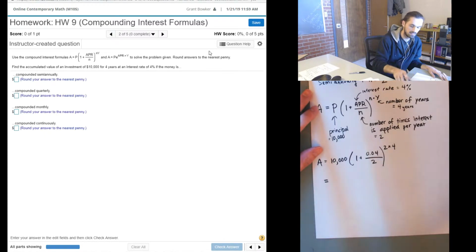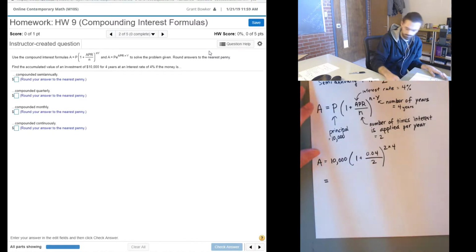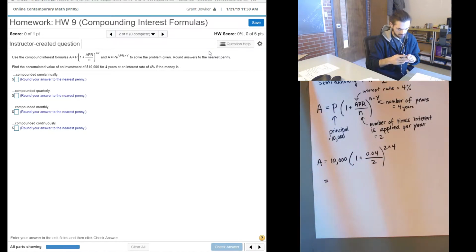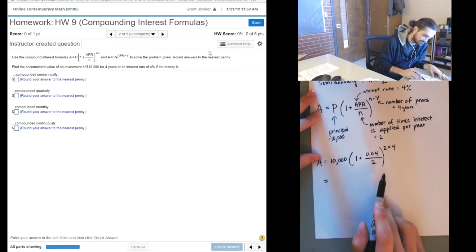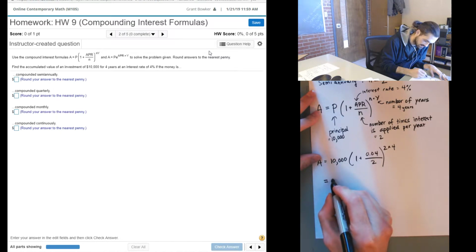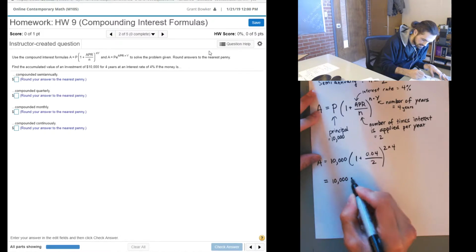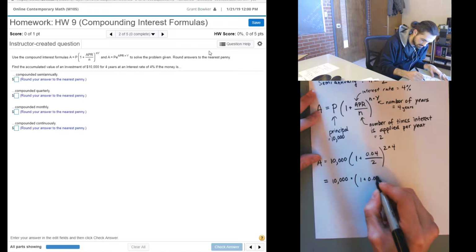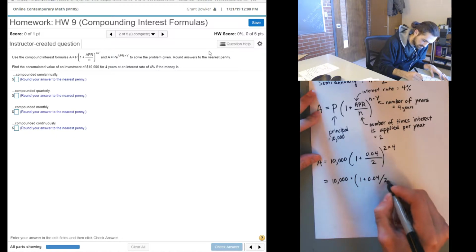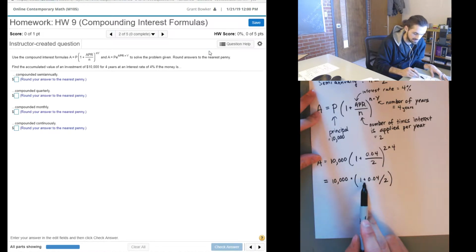Now keep in mind, if you do not have a calculator with this nice little pretty print feature, you will need to type in this equation into your standard 2-line calculator appropriately, which will look like this: 10,000 times left parenthesis 1 plus 0.04 divided by 2. Your calculator should recognize the order of operations and do this division before it executes the addition.